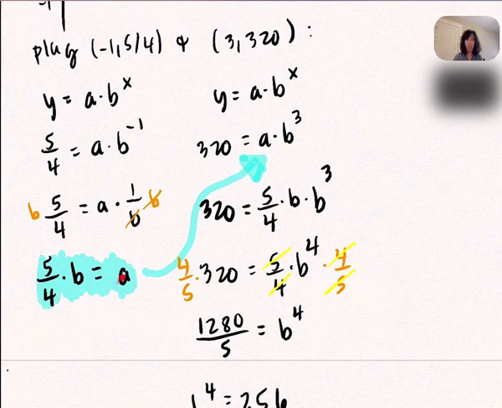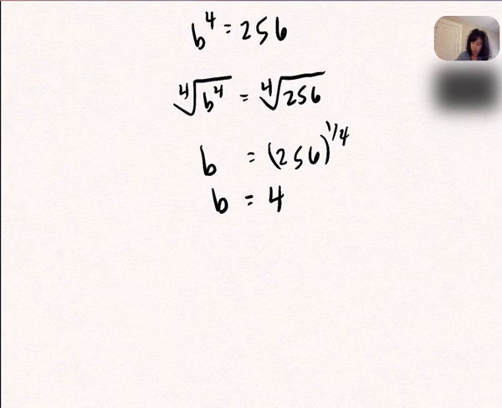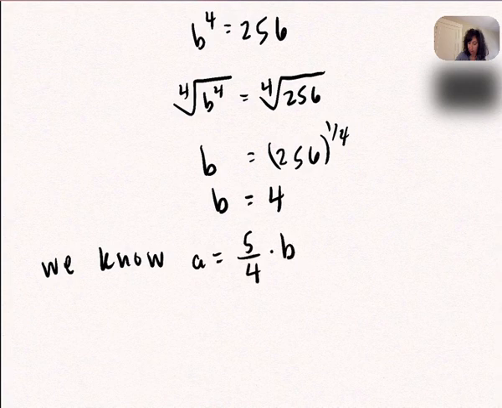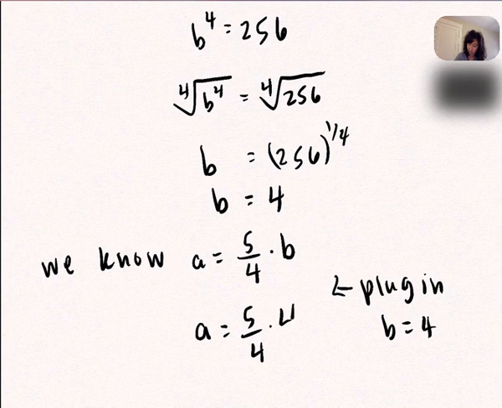We know a is equal to 5/4 times b. So if I plug in b equals 4, we'll know what a is equal to. Those 4's cancel and we'll get a equals 5.